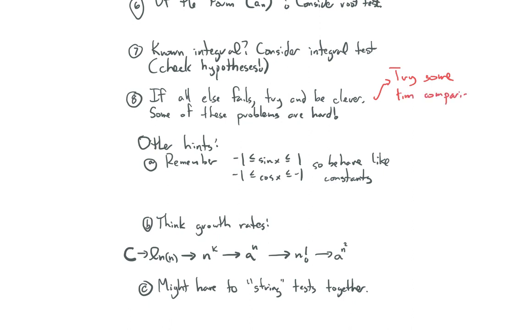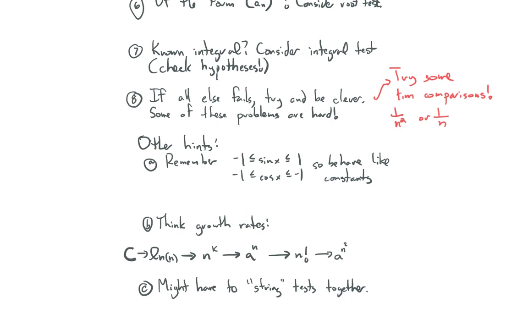You might be able to get lucky. And if you think it's going to converge, try comparing it with 1 over n squared. And if it's going to diverge, try 1 over n. You just might luck into the correct thing to compare it with.